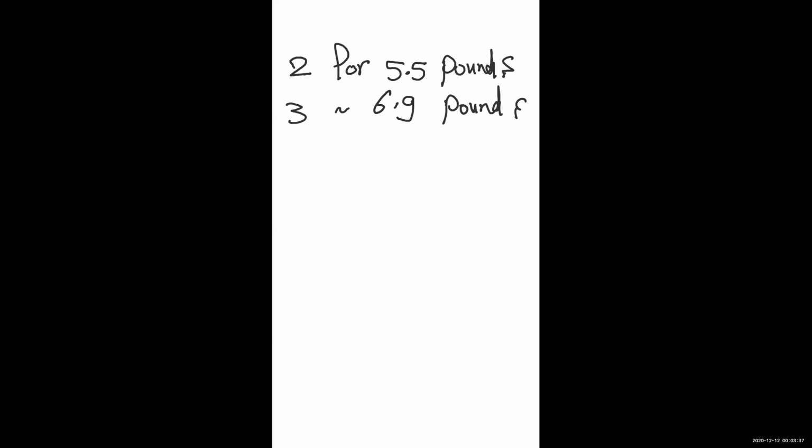Which one is better here? I have to get the first rate and the second rate. So the first one is 5.5 over 2, so this is the first deal, which equals 11 over 2.